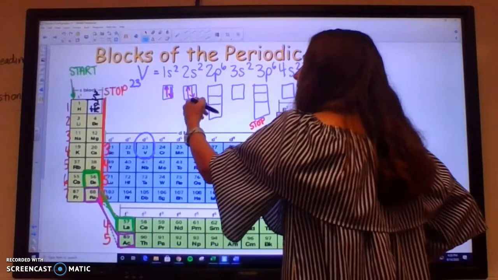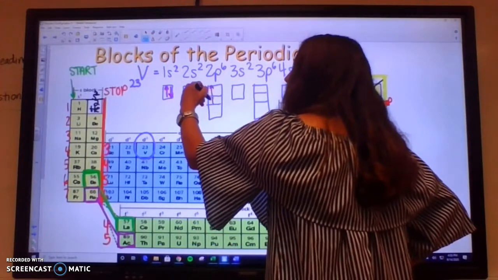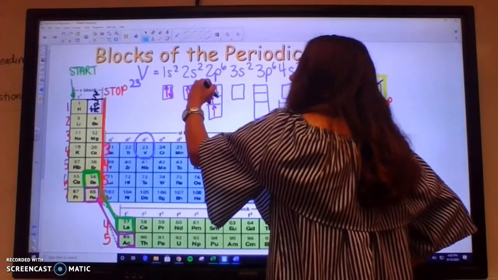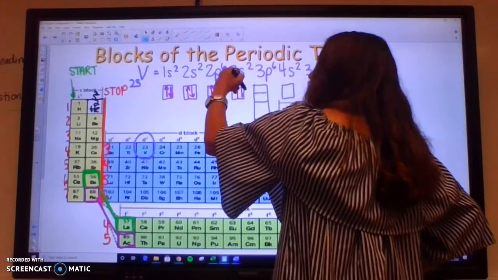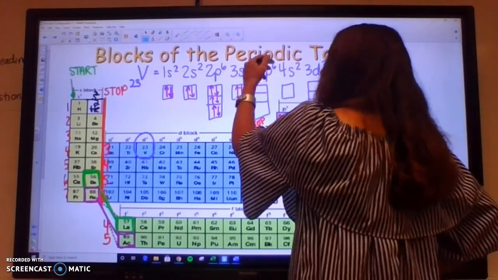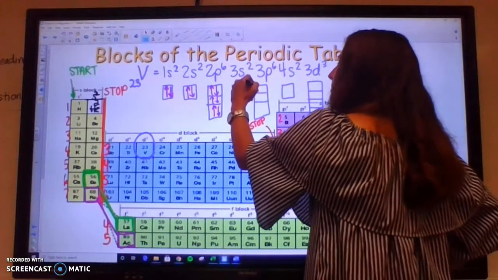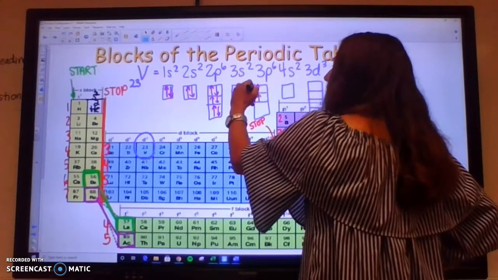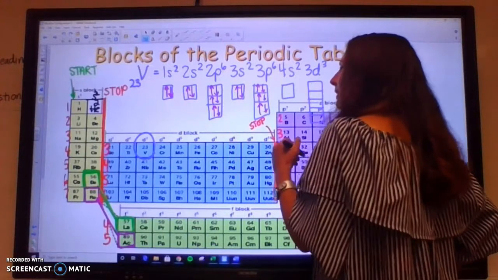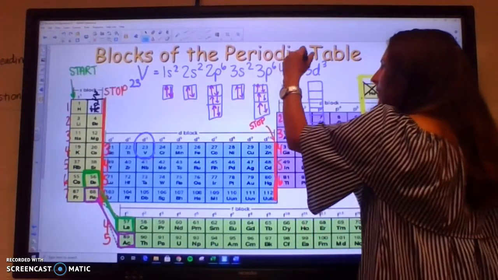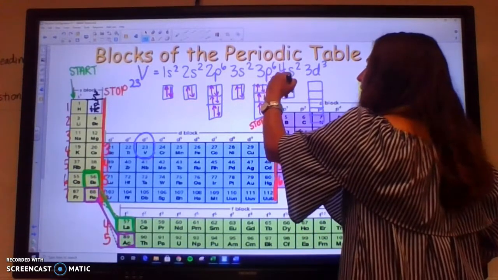Then we have 6 arrows in these 3 boxes, so they're all paired up. This one is 3s2, so that's paired in that box. 6 more arrows. Remember, you're going to fill it as 1, 2, 3, 4, 5, 6. And then we go to 4s2, so that's 2 arrows.